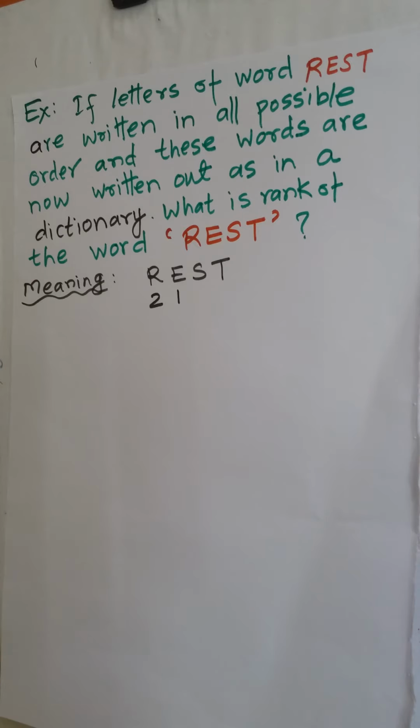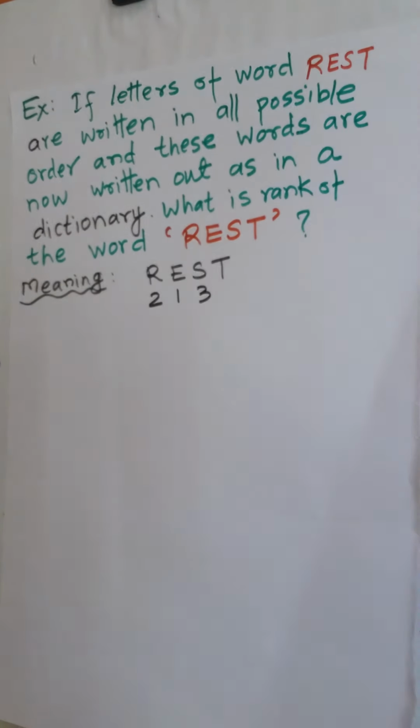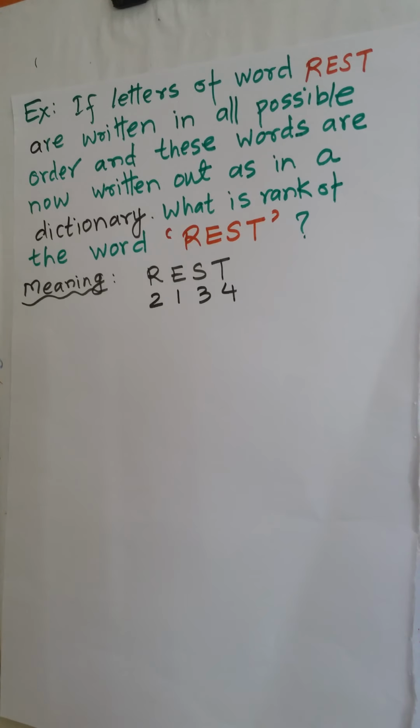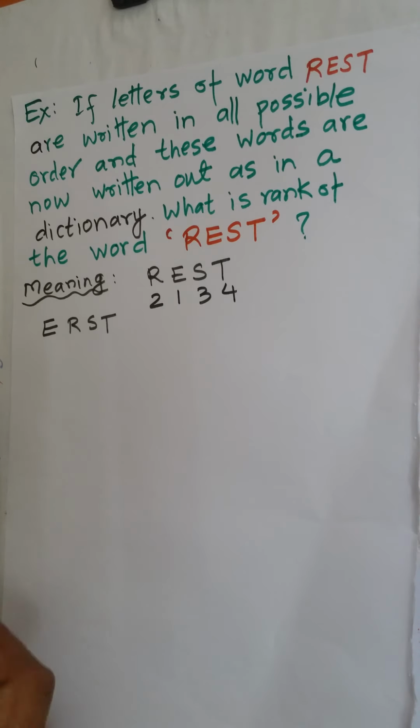R, followed by S and then T. So if all four letters are taken at a time, according to the principles of a dictionary, what is the first word that we can make? The first rank word would be ERST, because of the rank. The leftmost letter is assigned first, then second, third, and fourth.